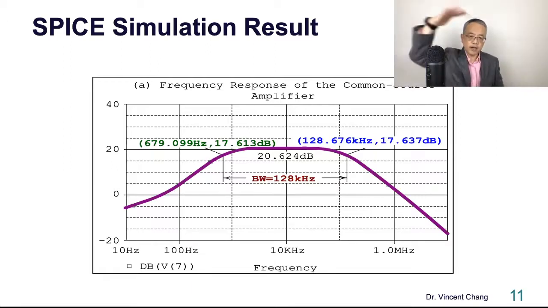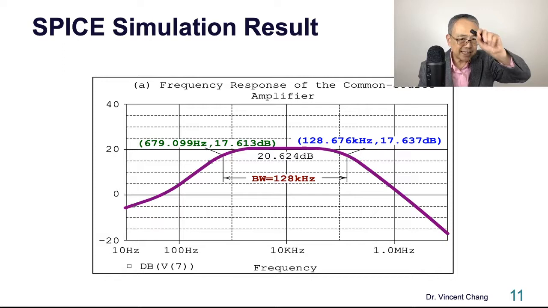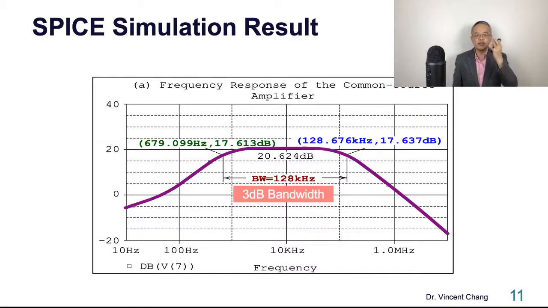Deduct 3 decibel from 20.6, you get 17.6 decibel, and you can pinpoint 2 frequencies. The distance between them is defined as the 3 decibel bandwidth. In this case, it's 128 kilohertz.